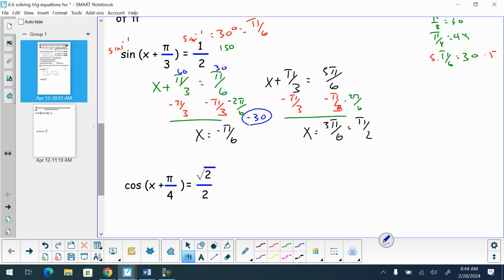If you want to leave this as 150, and I'm going to, then I subtract 60 from this, I get positive 90. That gives me pi over 2. At some point, you're going to have to convert things back into radian form. If you want to deal with it in radians to begin with and keep it there, that is fine. If you want to keep it in degrees and then at the very end convert it back into radians in terms of pi, that is fine. You choose what is more comfortable for you.